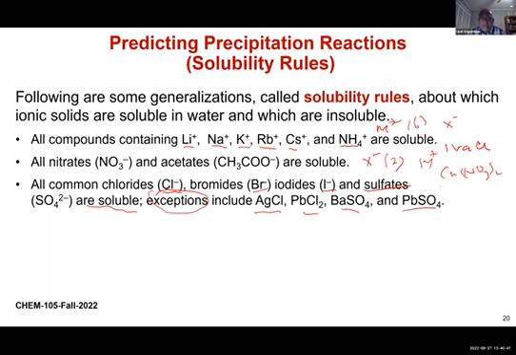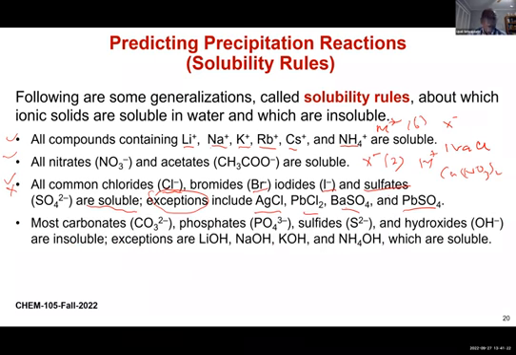Anything other than silver chloride, lead bromide, lead chloride, barium sulfate, and lead sulfate, any chloride, bromide, iodide, or sulfate, is soluble. This is soluble with exceptions. I will give you a list of these in your test, so you have to look up and find out.